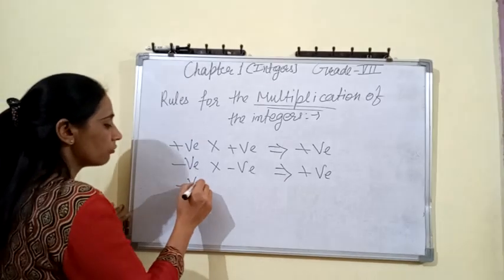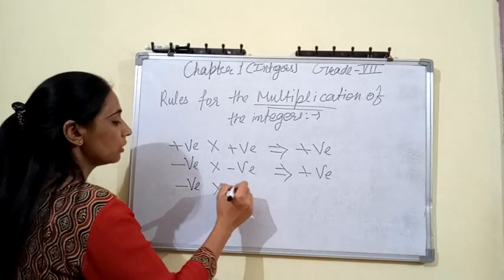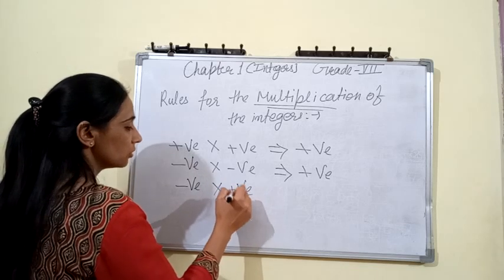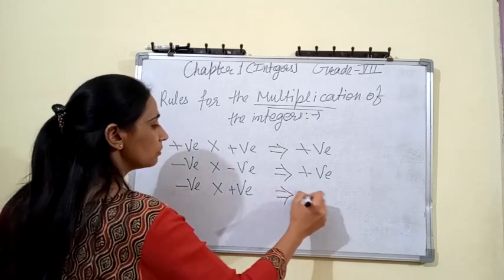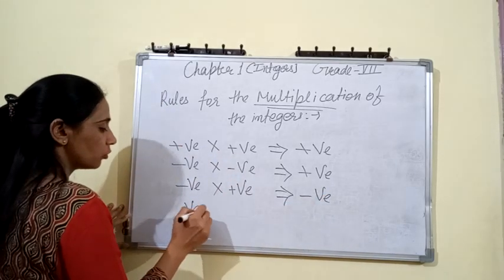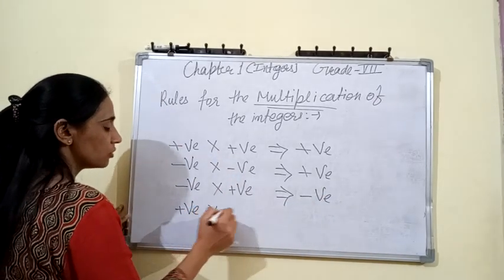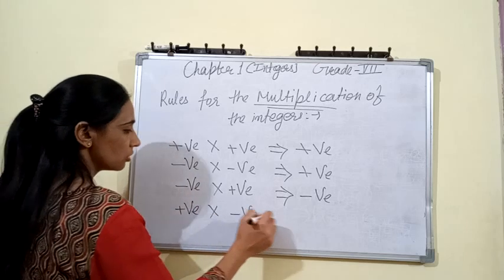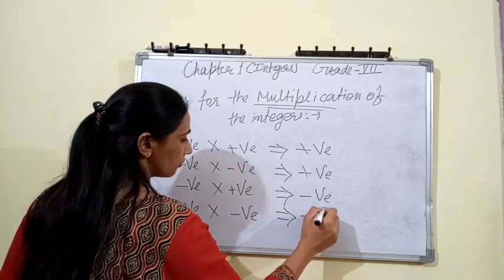When you are multiplying one negative integer and one positive integer, your answer will be negative. And vice versa, if you are multiplying a positive integer into a negative integer, your answer will be negative.